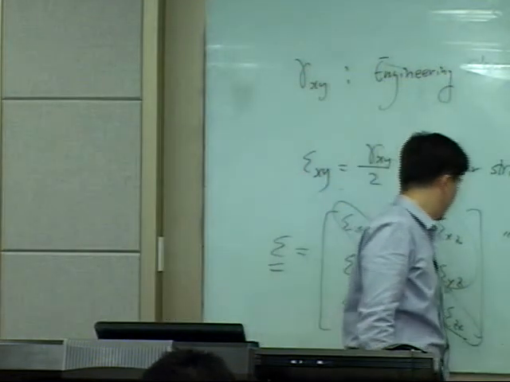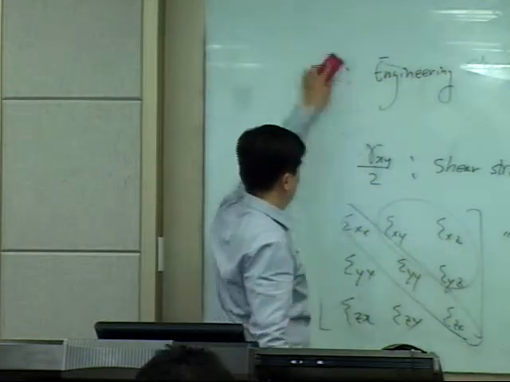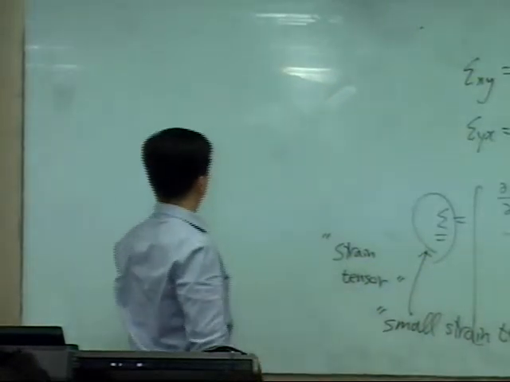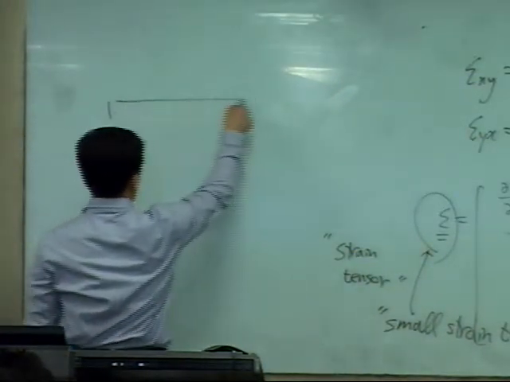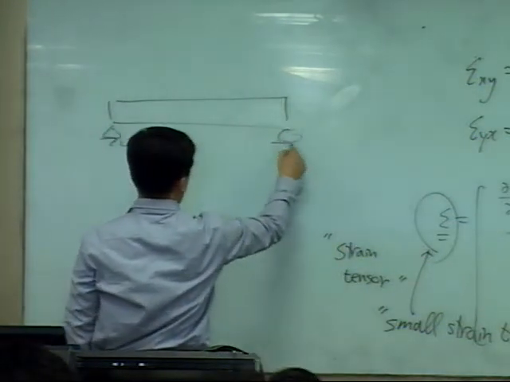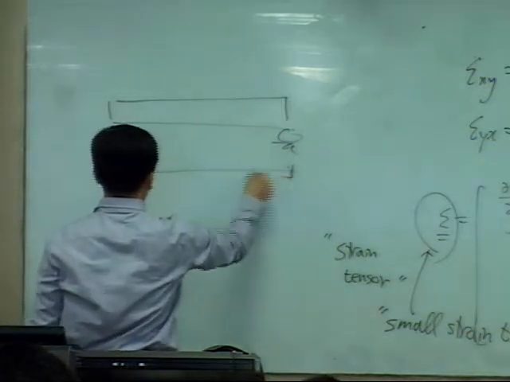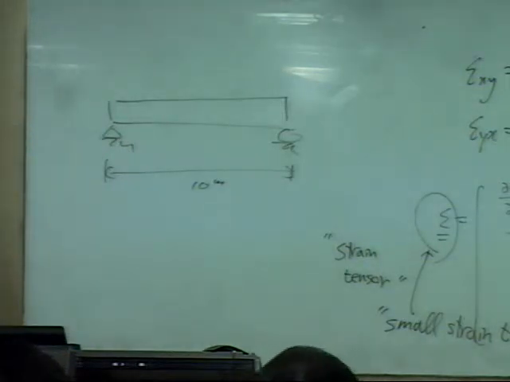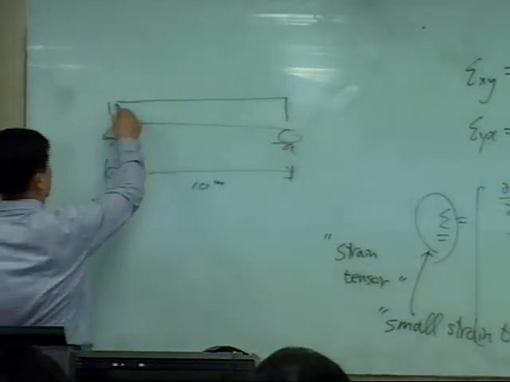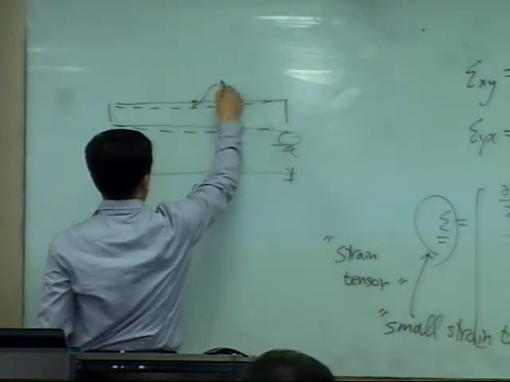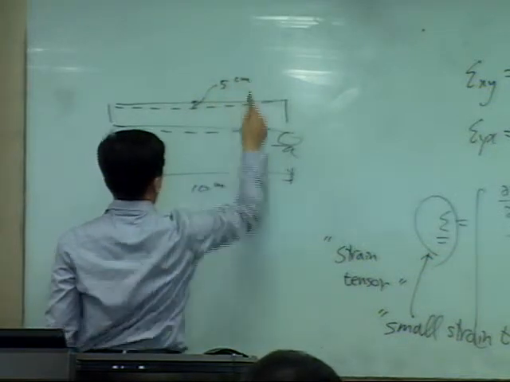So, for example, we have a simple beam like that. Length is 10 meters. It deformed maybe 5 centimeters.